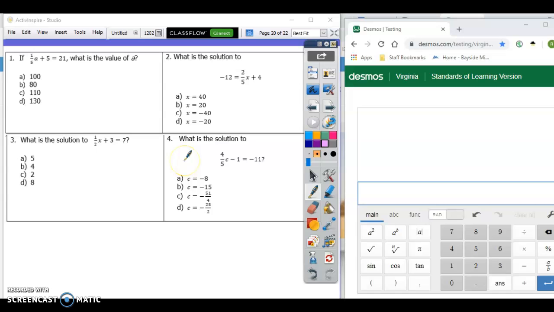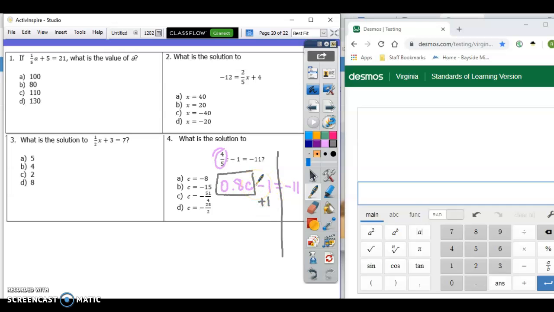All right, number 4. 4/5 c minus 1 equals -11. So I'm going to change this. 4/5, I know that that's 0.8, but you can type it in if you need. And now I'm going to separate my equation, box this in and leave it alone. And when I read this, it's -1 or minus 1. It doesn't matter. They mean the same thing. But the opposite of -1 is +1.